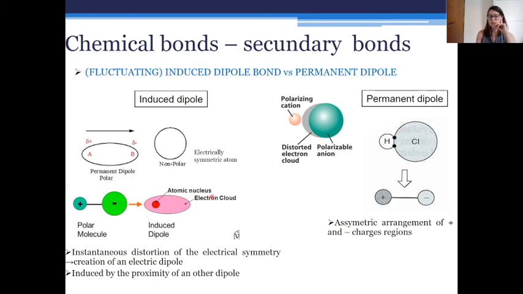It results in the induction of this dipole due to the repulsion of the charges, the distortion of the electric charge in this molecule. Okay, so we say that we have an induced dipole created by the proximity of the other one.